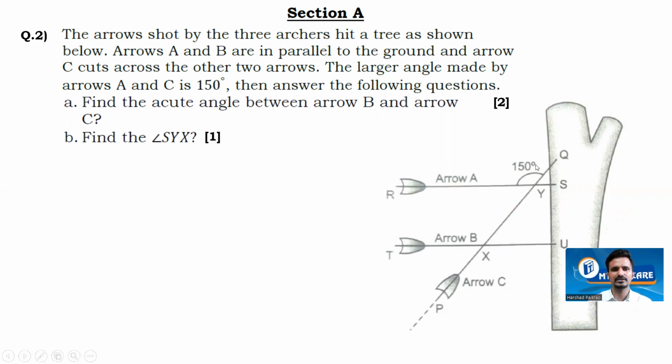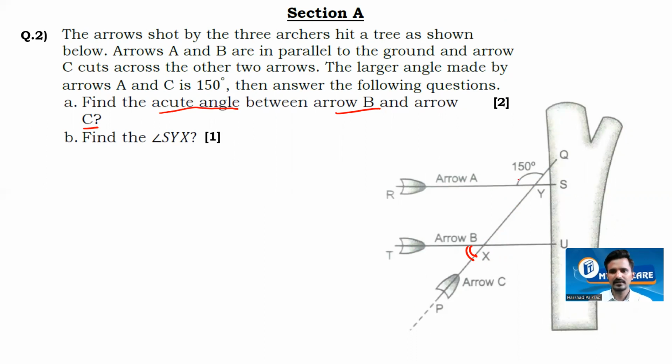Let us consider the first question. In the first question, we have to find the acute angle between arrow B and arrow C. Let us understand which angle that is. Arrow B and arrow C form angle TXP. So we have to find the measure of angle TXP.